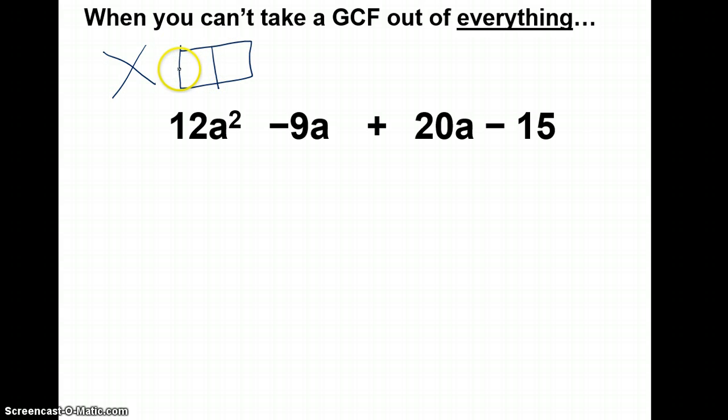And the last credit. And we also learned how to factor a GCF, or greatest common factor. But if you notice, there's not really a greatest common factor here. This has an A, that has an A, that has an A, but 15 does not. And this is a multiple of 2.